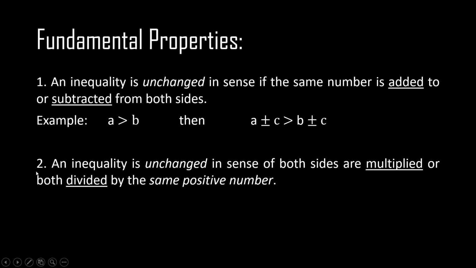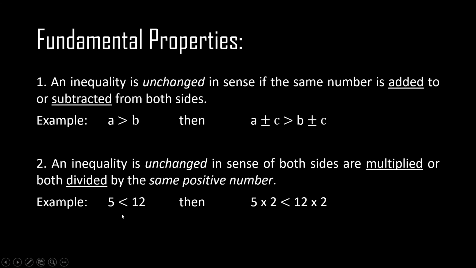For the second fundamental property, an inequality is unchanged in sense if both sides are multiplied or both divided by the same positive number. For example, take the inequality 5 is less than 12.